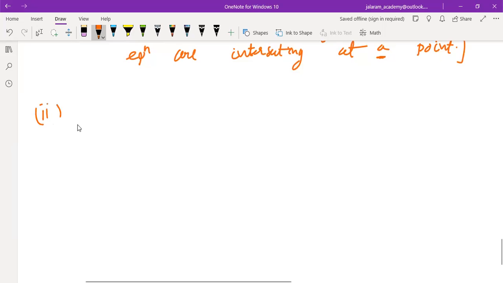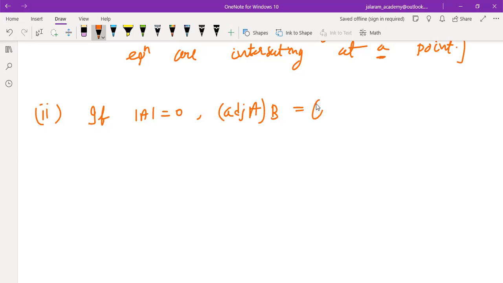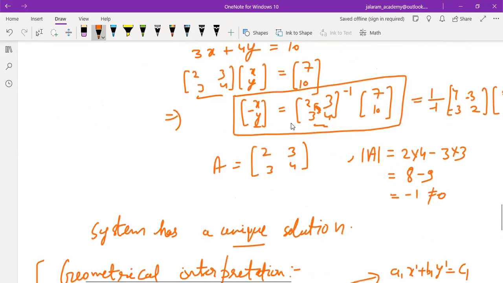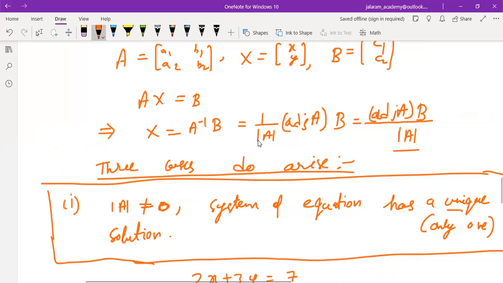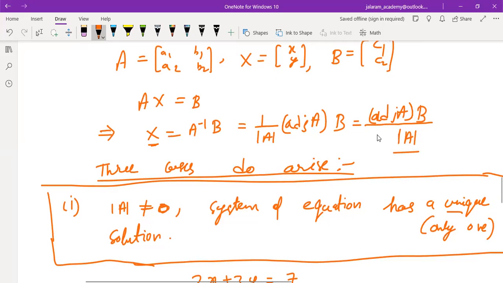Second case: if determinant of A equals 0, then the solution depends on adjoint of A into B, which is a matrix. We have written that X equals adjoint of A into B by determinant of A, which is the value of x that we have to find.